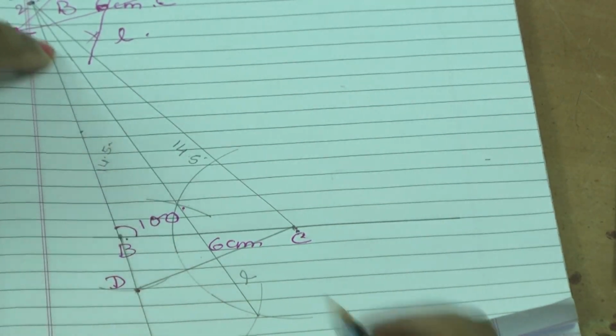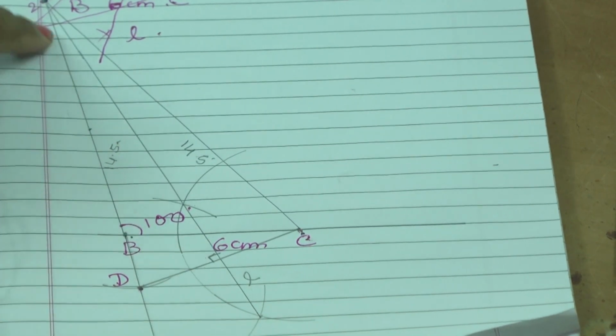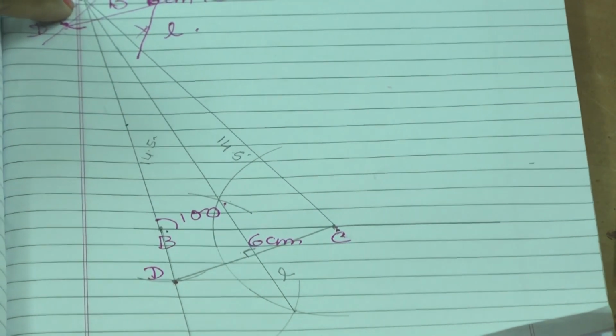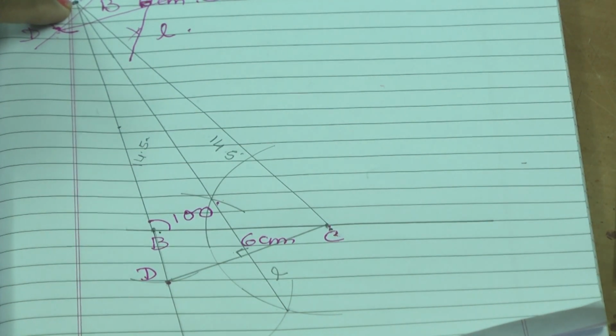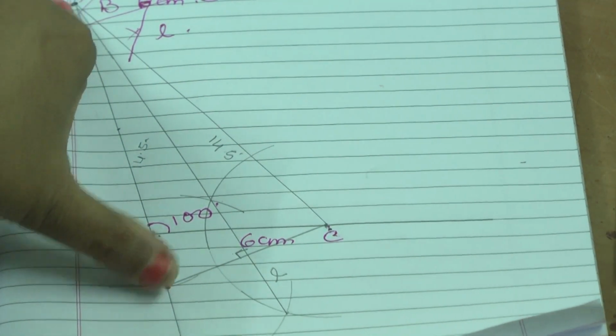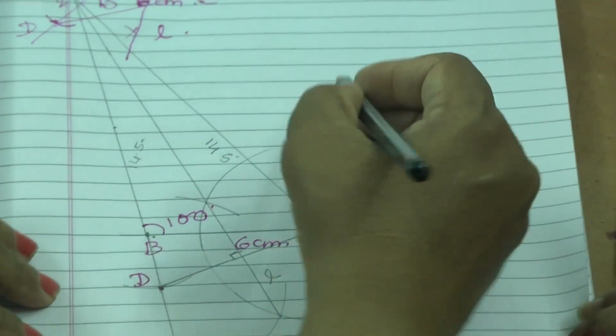This is the perpendicular bisector of DC. On the perpendicular bisector of DC, point A is there. And that point, we know earlier also we have done, is at equal distance from D and C. AD is equal to AC.